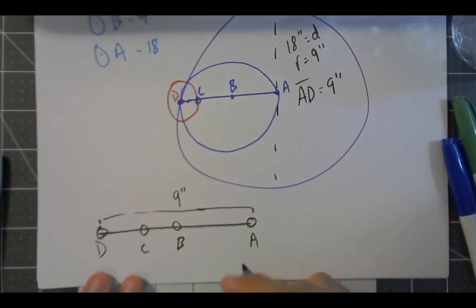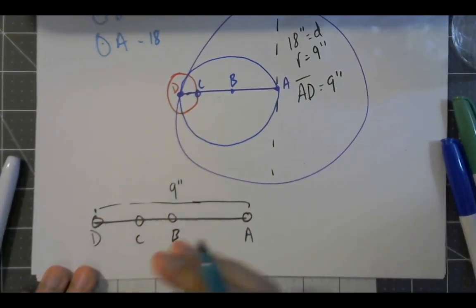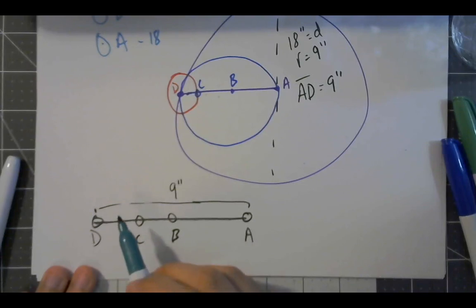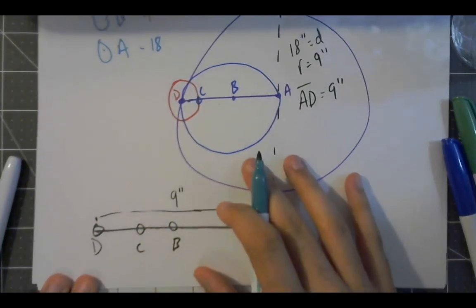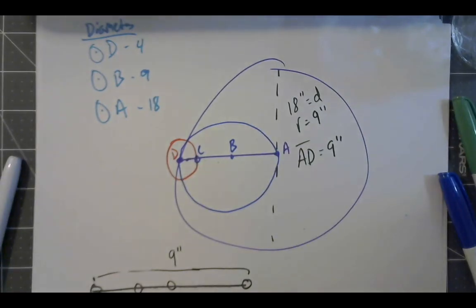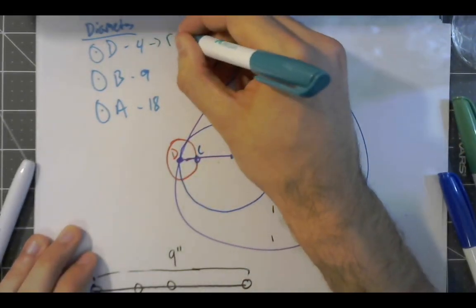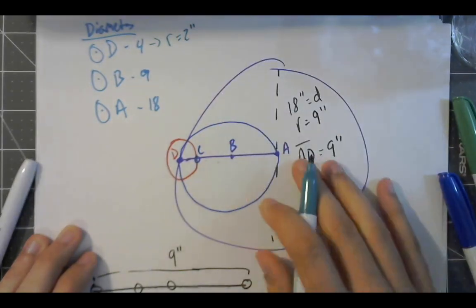If I can find this and this, I can add them together, that'll work. If I can find the whole thing and take away this, that'll work too. I actually have the whole thing, and I do know D to C. I know my diameter of D is 4, which tells me my radius is 2 inches.